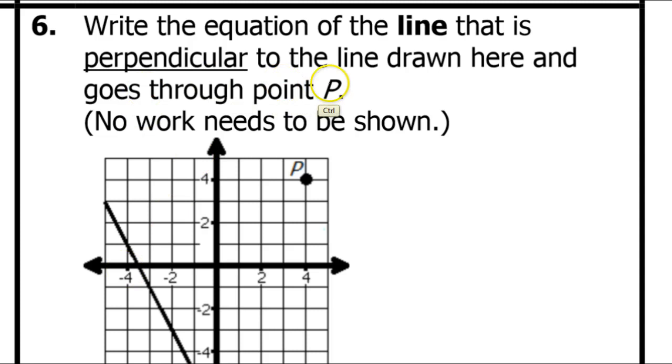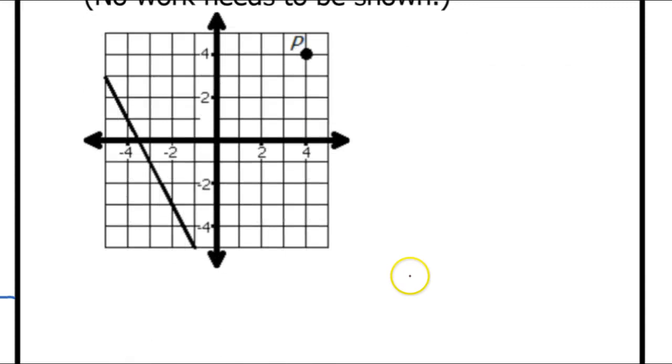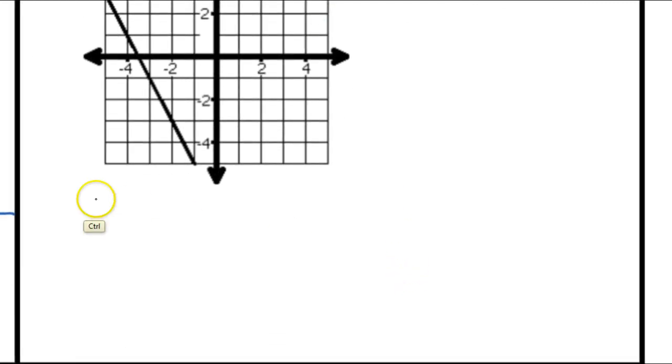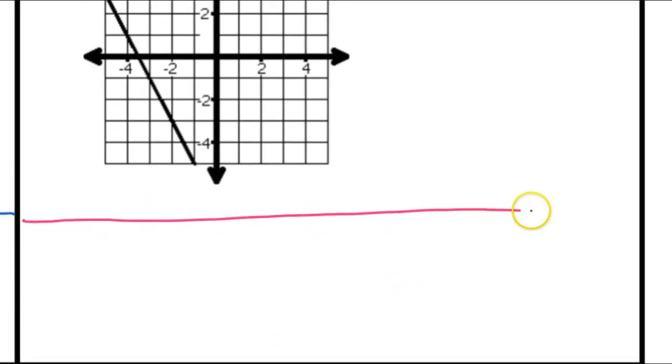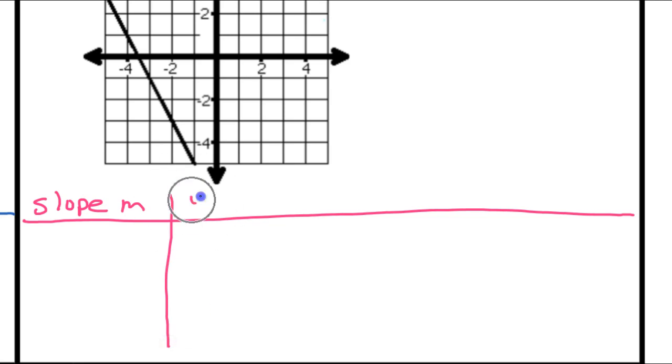Okay, number 6 is super similar. Write the equation of a line that is perpendicular to the line drawn here. Let's make that chart that I love to make, y'all. Love to make the chart. So I will have slope m, and then I will have y-intercept b.